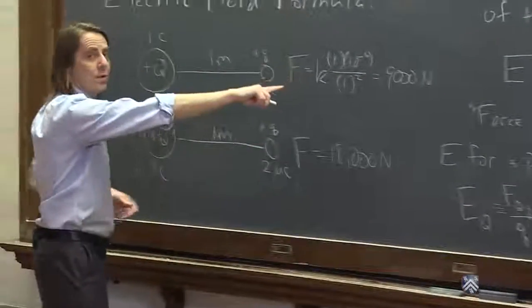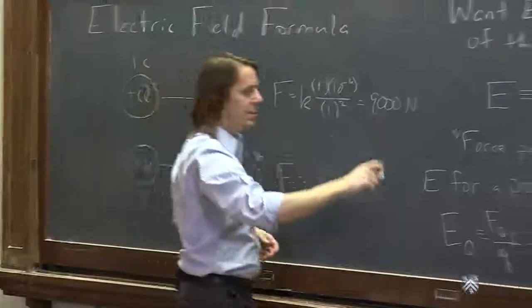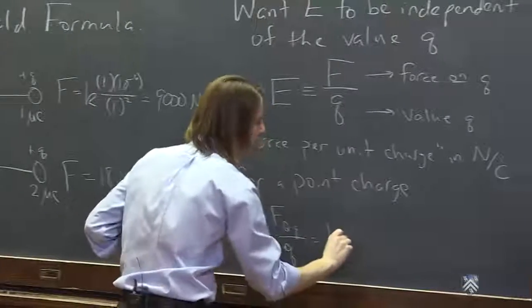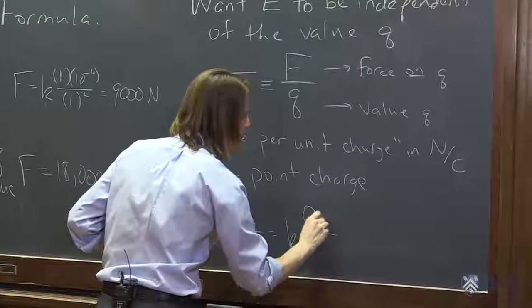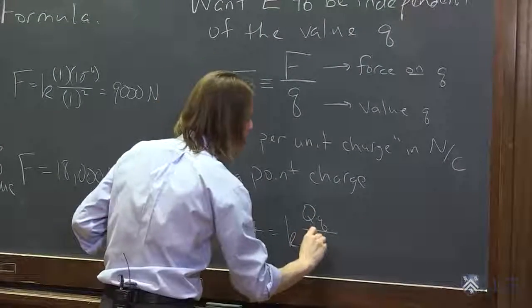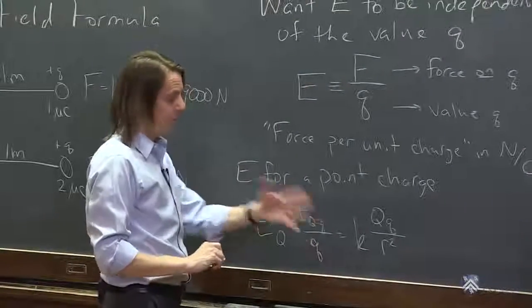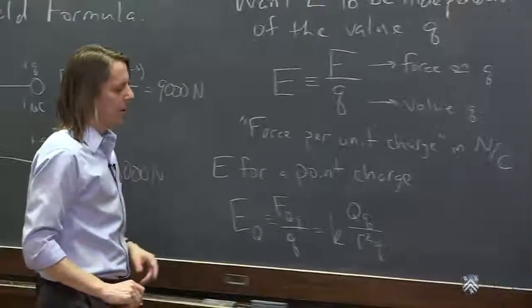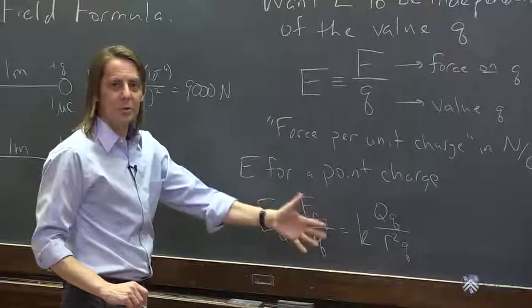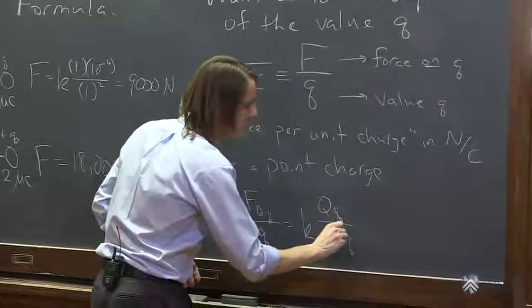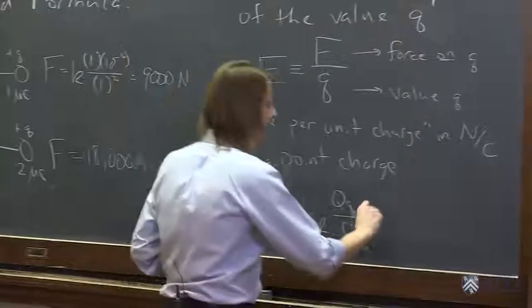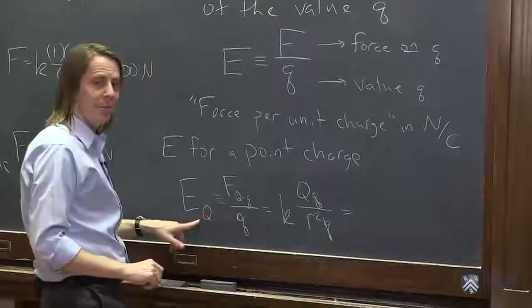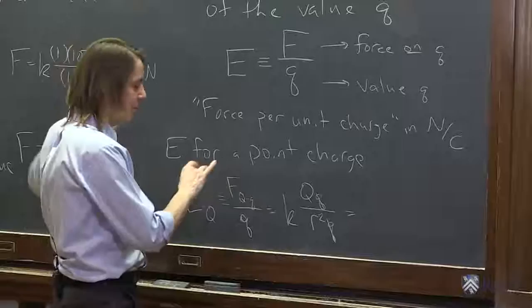So we just have to write Coulomb's law. It would be K, Coulomb's constant, big Q, little q, over r squared. That's the force, and now just divide it by little q. You can see it's going to do what we said it was going to do. The little q's go away. And we find that the electric field created by the big charge is independent of little q.